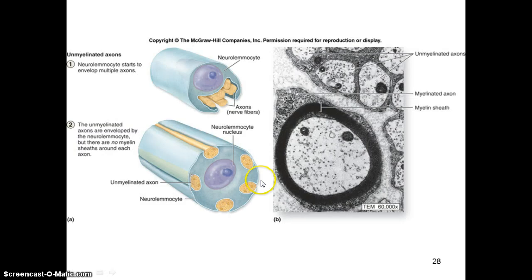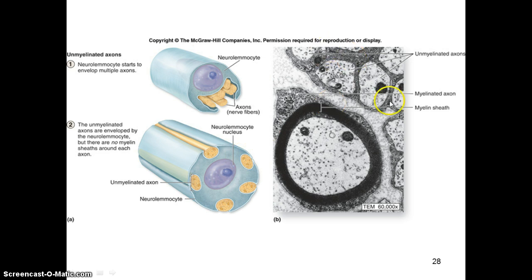So this is a diagram showing an unmyelinated axon or set of axons in the peripheral nervous system, showing how the unmyelinated axons are actually lying adjacent to or even embedded somewhat in close association with a neurolemmacyte, but the neurolemmacyte isn't concentrically wrapping around each of these axons.